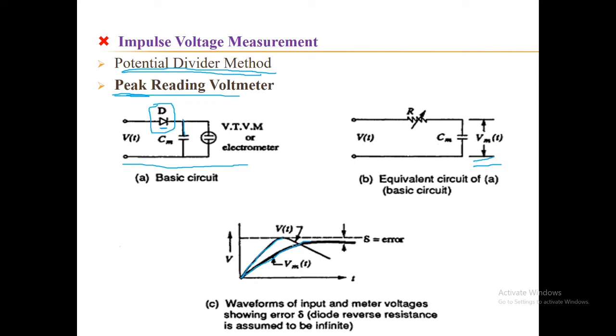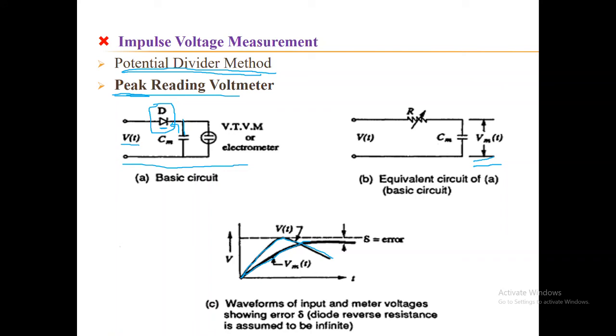Now as the applied voltage is impulsive in nature, from its peak magnitude it will reduce towards zero value. Okay, so when the applied impulse voltage becomes lower than the capacitor voltage, the diode D comes in a reverse bias condition, because when the capacitor voltage becomes higher than the input voltage, the direction of the current gets reversed.